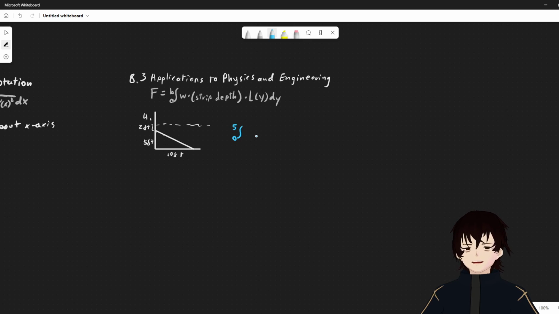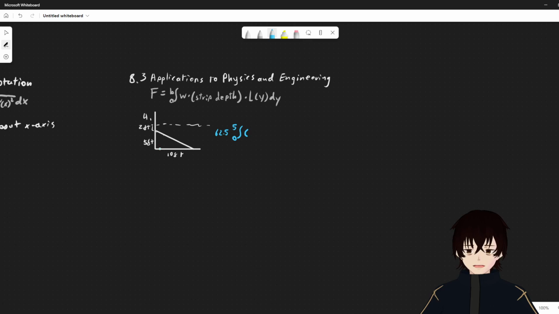This is my brain at its peak capacity. And then because this is in feet, our water density is going to be... it's 100 for meters. 62.5 if I remember right. Water density would be 62.5.